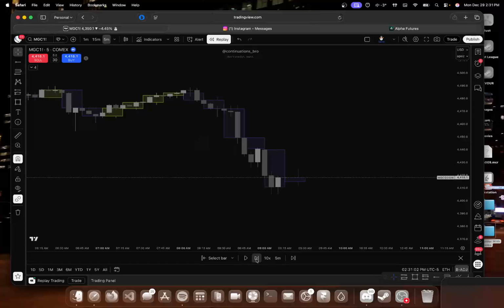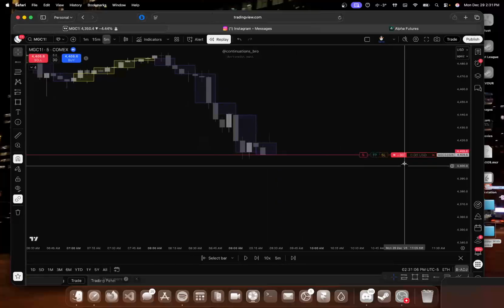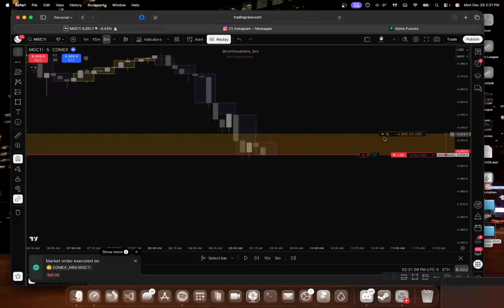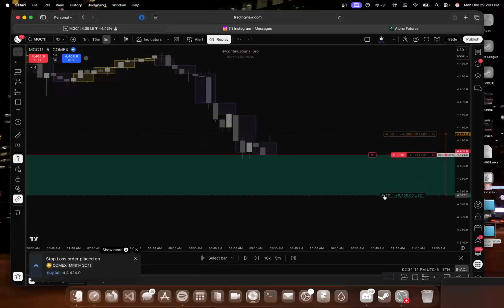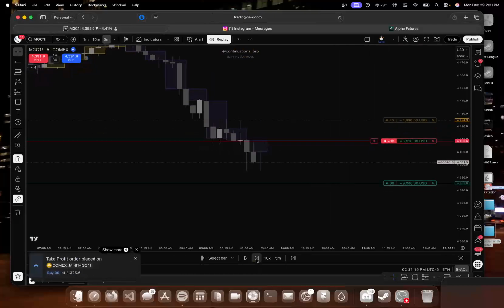Bullish candle, bearish close, stop at the high, 2R. Play it out. Yeah, it hits.